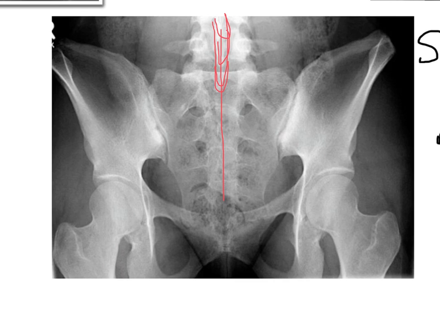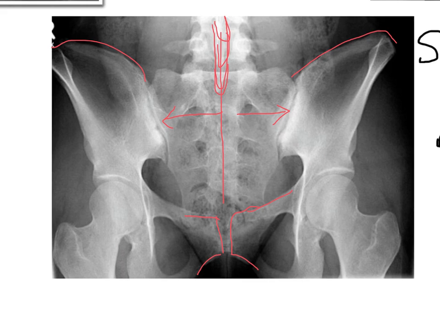We also want to look at the symmetry of the wings. Wings here. Are they equidistant from midline? Our SI joints, are they equidistant from the midline? And is the sacrum slightly superimposed by the pubis symphysis?